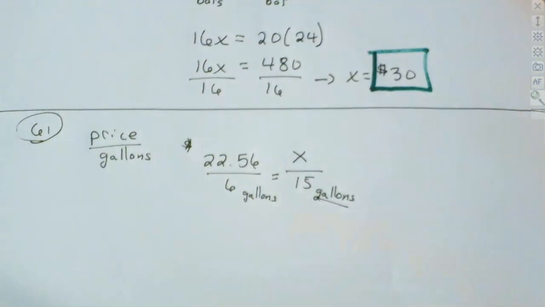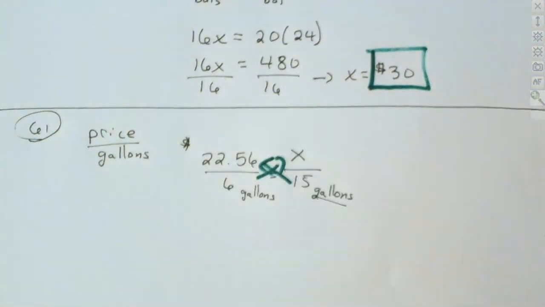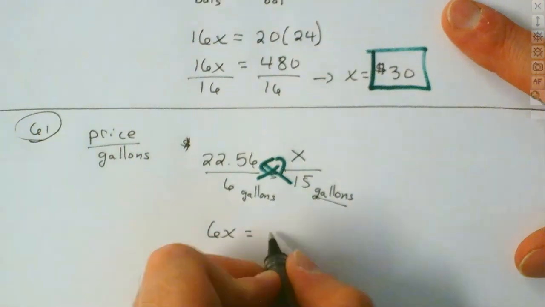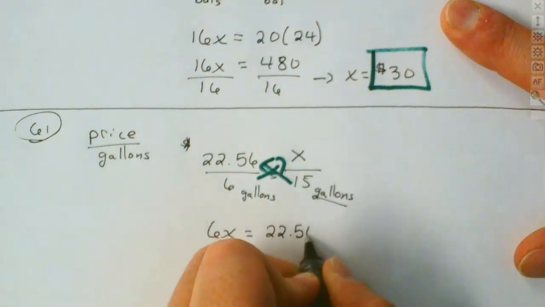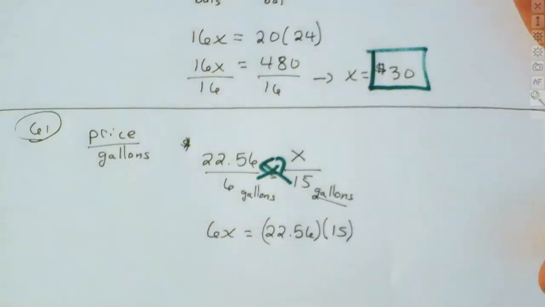And now we can simply cross multiply. So we'll cross multiply and solve this out. So that gives you 6x equals 22.56 times that 15.